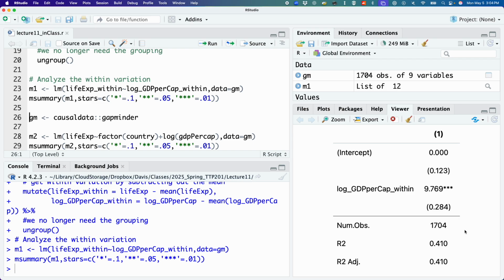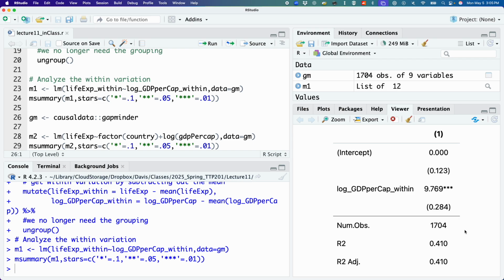So a 1% increase in GDP causes a 9.7 or 9.8 year increase on your average life expectancy. Okay. And that is causal in the sense that we have control, right, for all of the possible variation between countries by including that as a fixed effect.